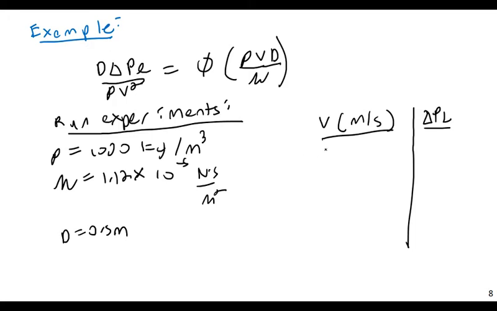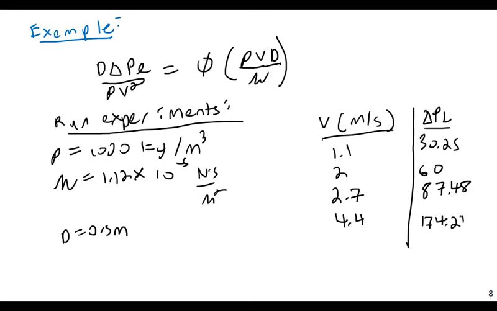So maybe I have a series of trials: 1.1 meters per second, 2.7, 4.4, and then 30.25, 60, 87.48, and 174.24. That is the data I got.